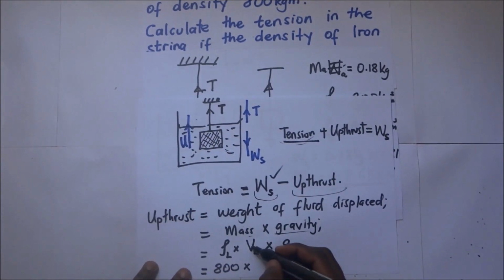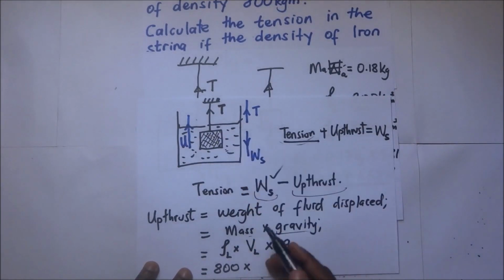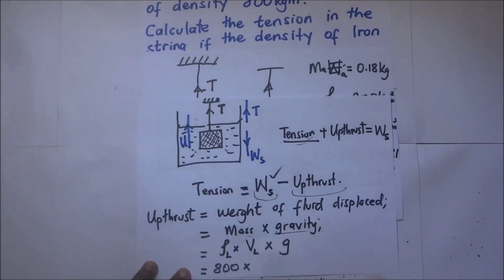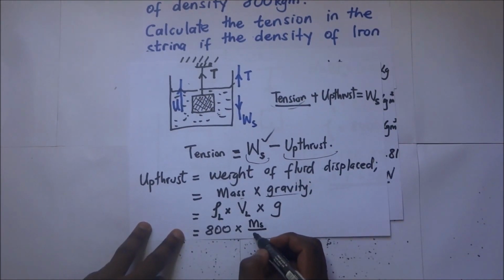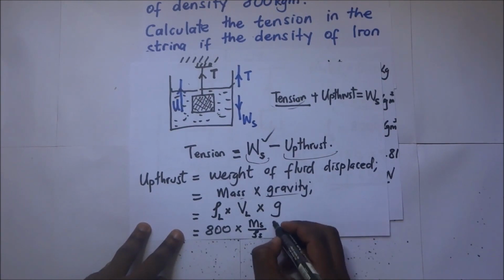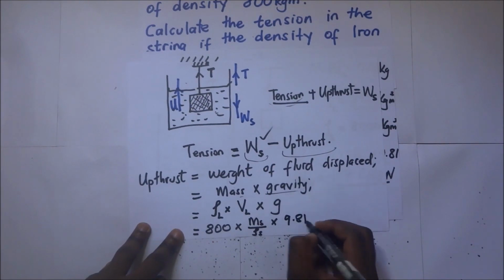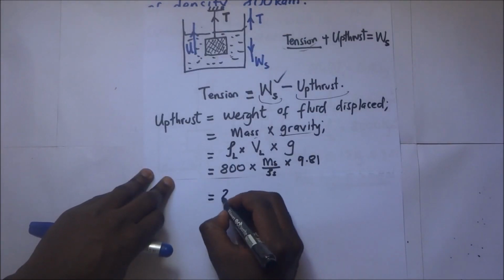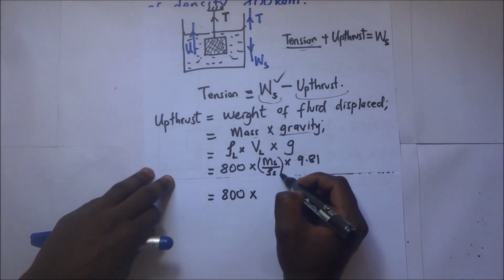So the volume of the solid, since we do not have it directly, we can get it from the mass of the solid divided by the density of the solid, and multiply that by gravity, which is 9.81.